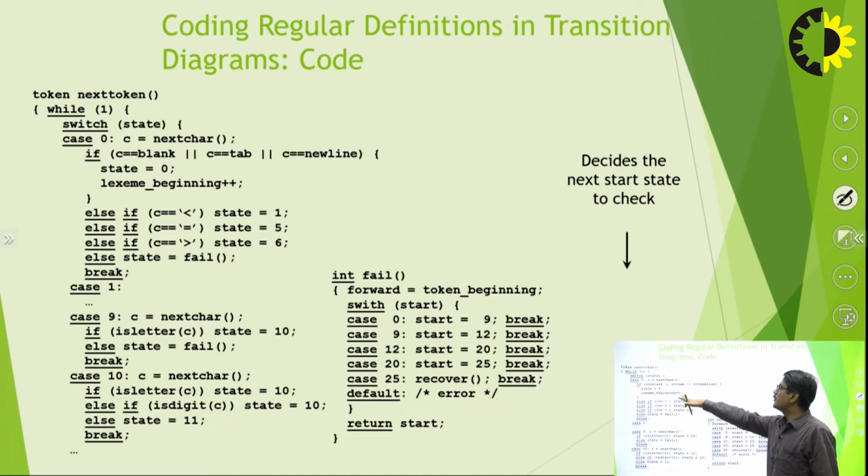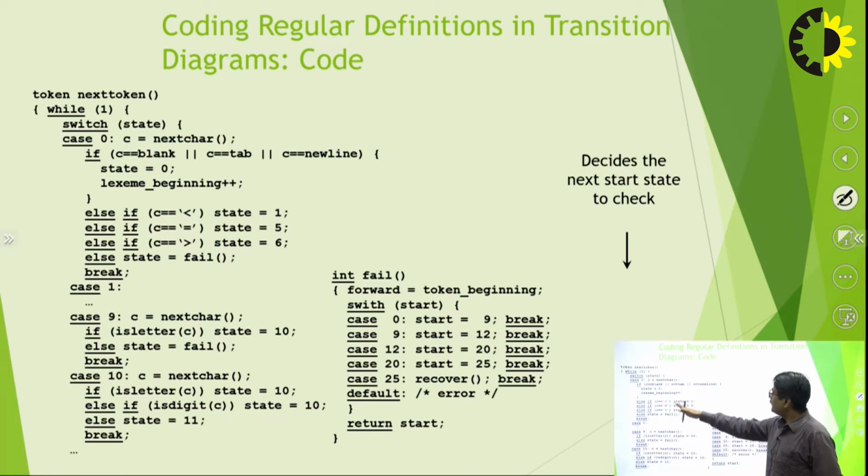So in case 0, C equals next char is taken. After that, according to C, else if it is there, then lexeme beginning, else if C is equal to, this is for operators. If less than is accepted, state 1 is there, equals to, like double equals, accepted, state 5 is there, else if greater than is accepted, state 6 is there.